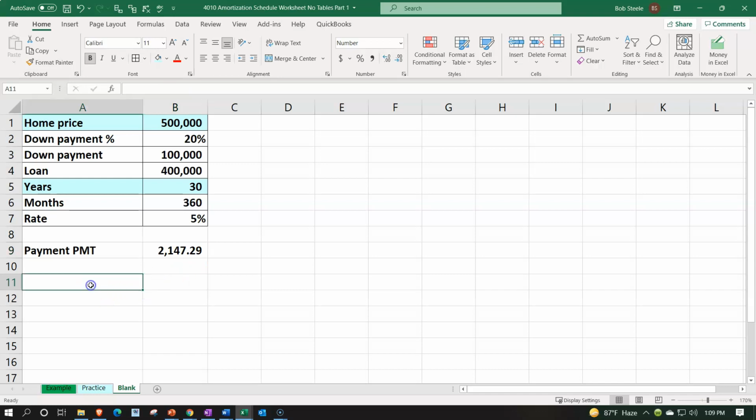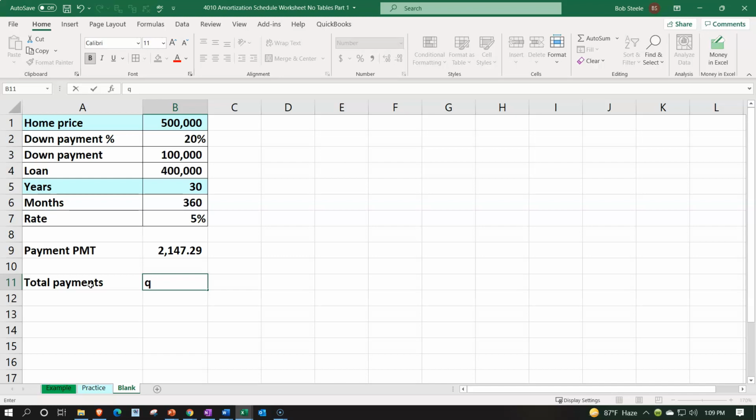And then we could calculate from this information the total payments. We could say, all right, well, the total payments are going to be equal to that payment times the 360 of them over the life of this thing.